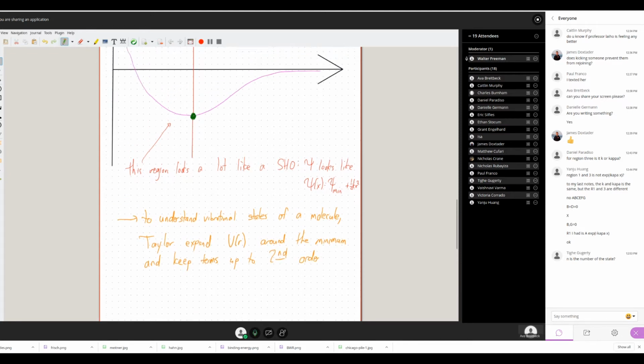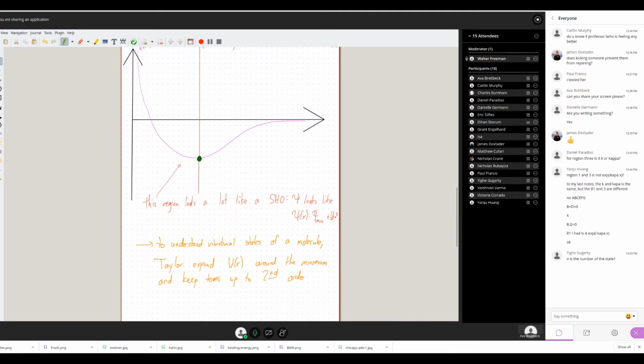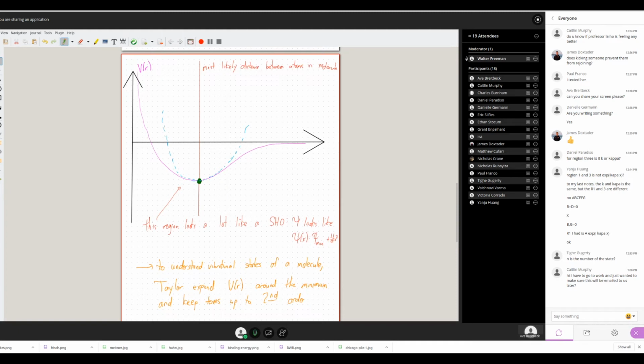And that will give you a potential that doesn't just look visually like a parabola, it actually is a parabola. And then you can approximate the potential here as some parabola, right? And then solve for its stationary states, and that will tell you about the vibrational modes of a molecule. So Isa, does that answer your question?